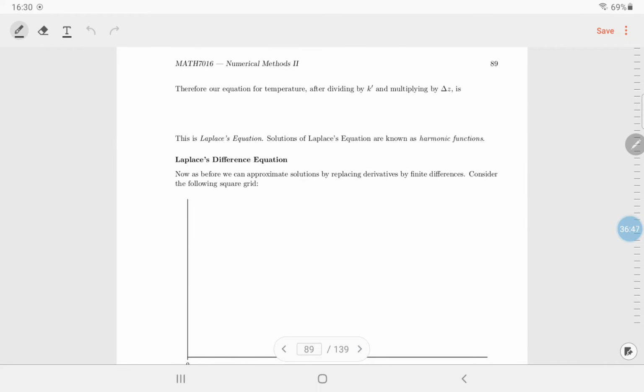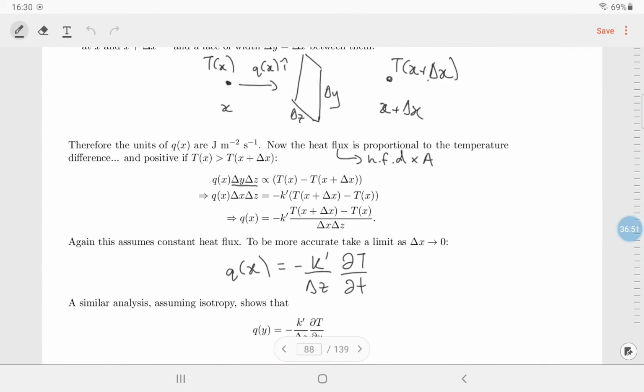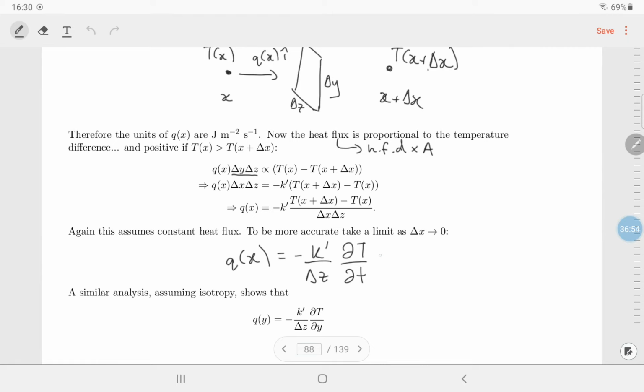So look at these Q's. What does this say? Well, differentiate both sides of this with respect to X. You get that the partial derivative of Q with respect to X is equal to minus K dashed over delta Z, and the derivative of the first derivative is the second derivative.